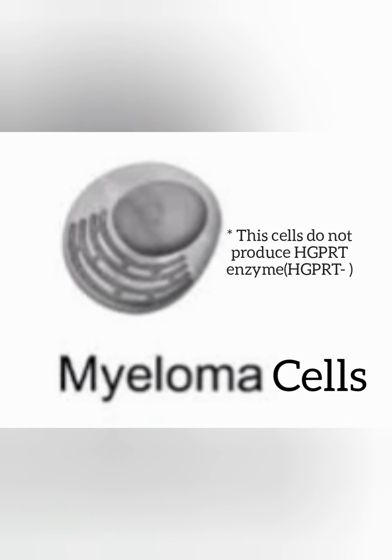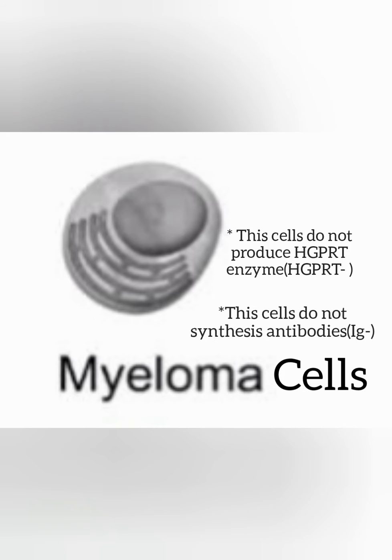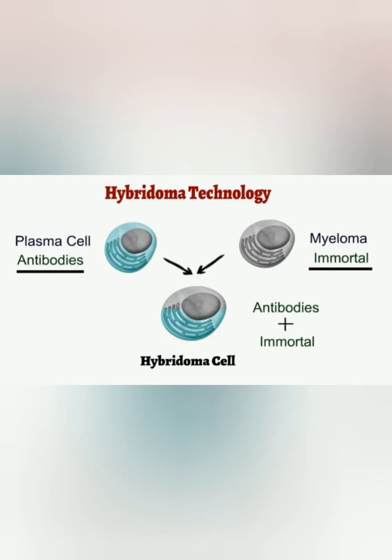One of the genes mutated is HGPRT, that is, they cannot produce this enzyme, so the cells cannot operate salvage pathway for synthesis of nucleotide. Another gene which is mutated is that they cannot produce antibodies. So the myeloma cells used in Hybridoma technology are HGPRT minus and IG minus.